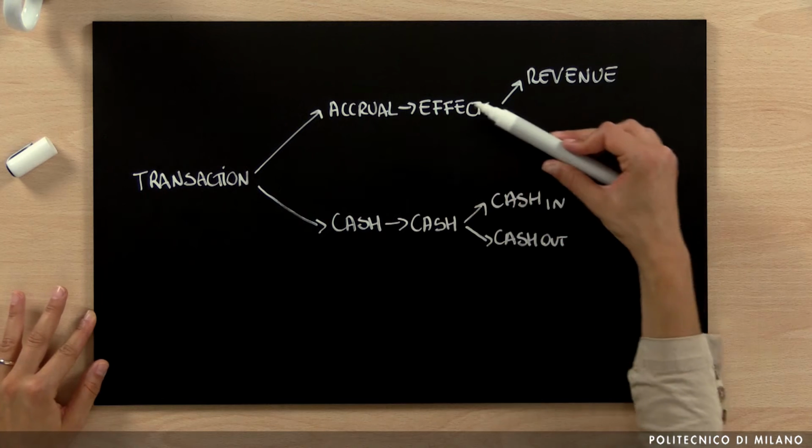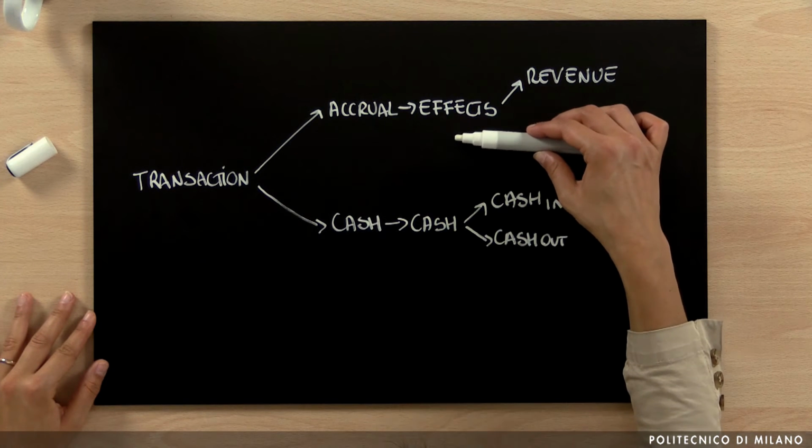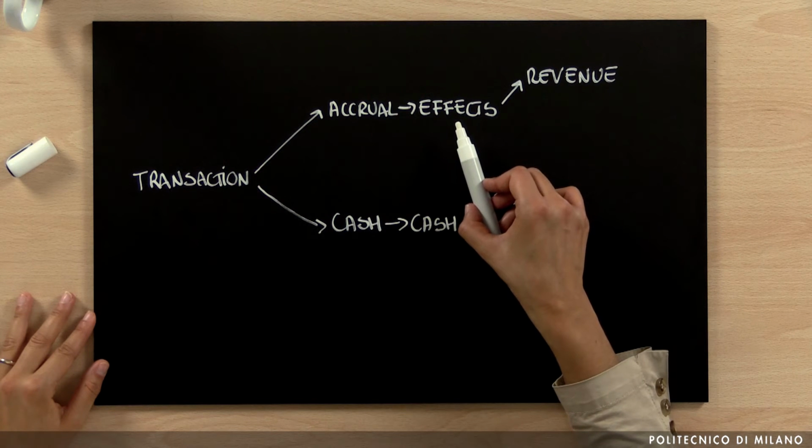In this case, the transaction has its effects because an invoice has been issued from company A to company B, whatever the moment of the payment. So if we are using an accrual logic, we do not consider the moment of the payment, but the moment in which the product sold has been transferred from one company to another, which means that the transaction has its effects.